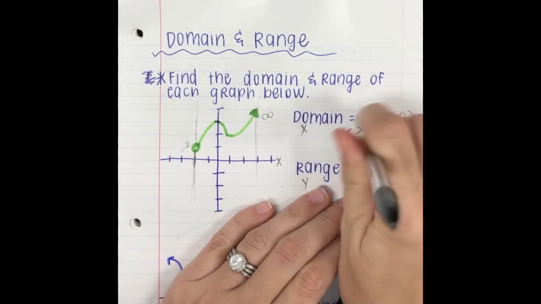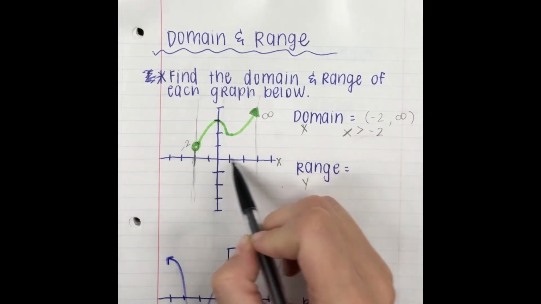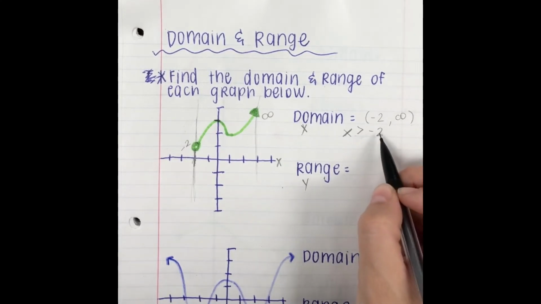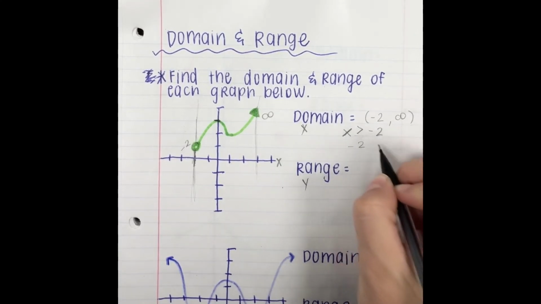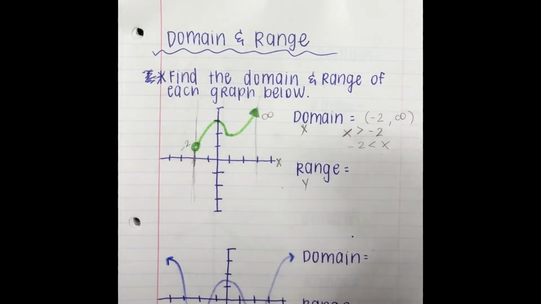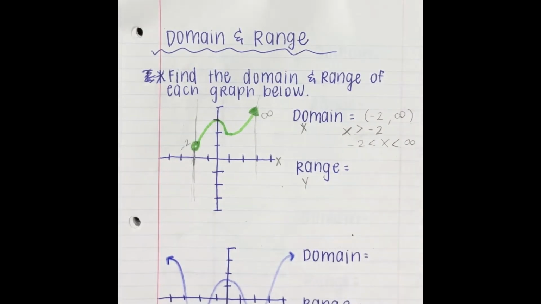Parentheses. Okay, this has to be any x value greater than -2, okay? Anything all the way to infinity. Another way you can write it is with both bounds. So we would flip this to have my -2 over here, less than x, and then my x has to be less than infinity.